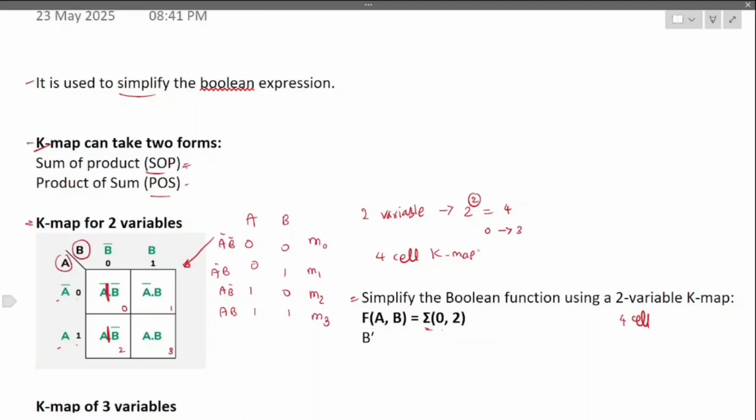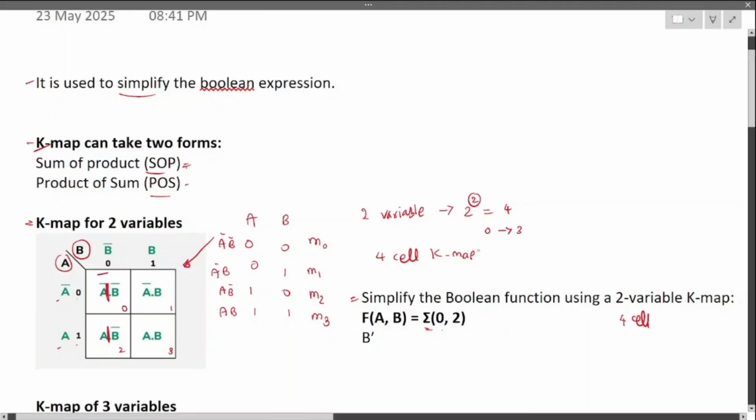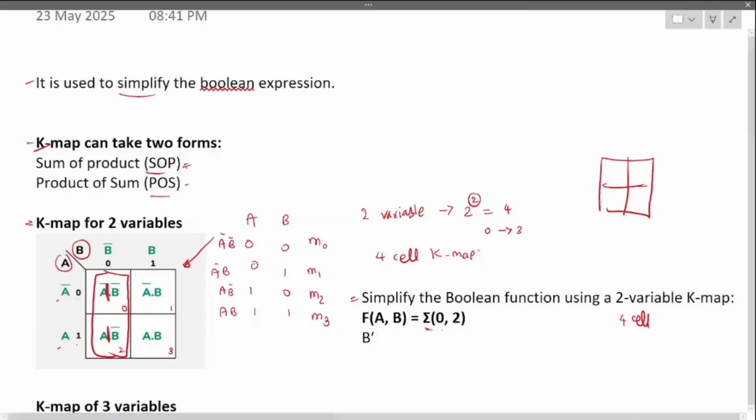We need to make the groups, right? If it is possible, try to make groups like this. Suppose this is the KMap. If you are getting ones individually, here and here, you need to take them separately. If you are getting only one here, then you need to take it separately.